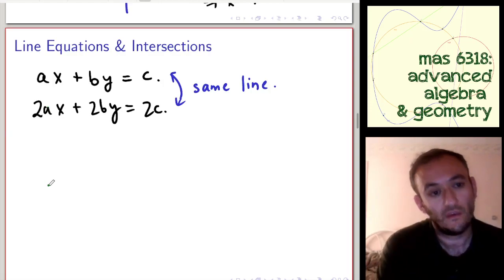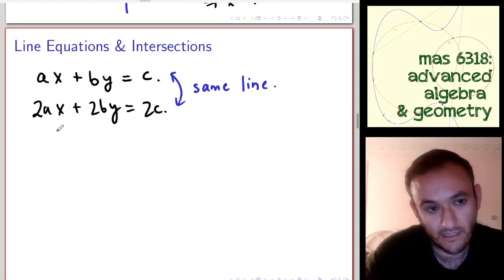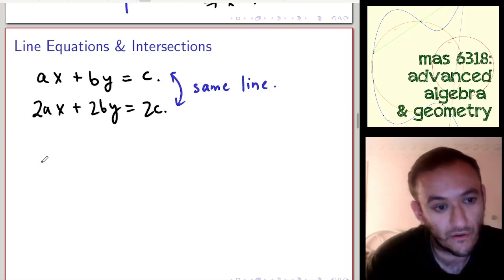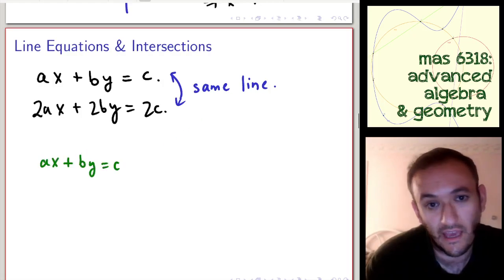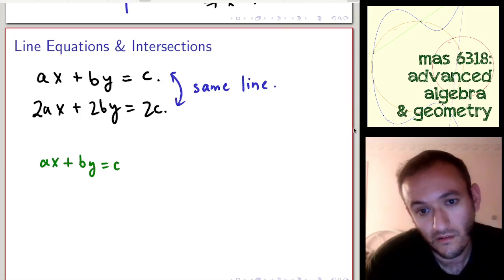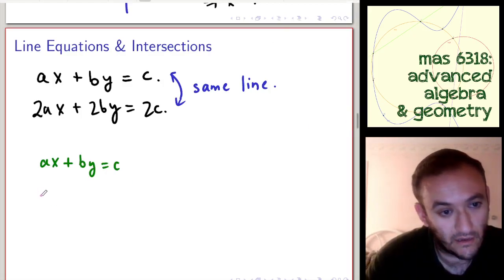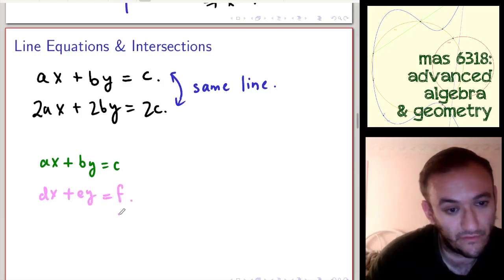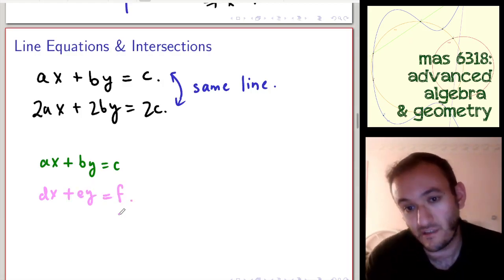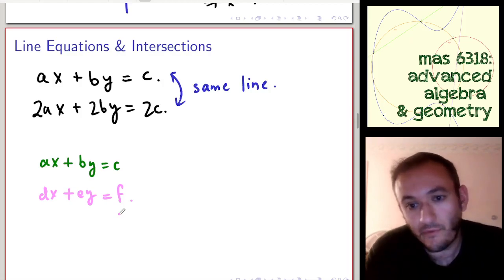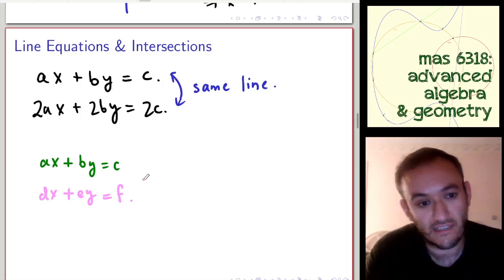Okay, so let's say I have two equations for two different lines. Okay, so ax plus by equals c and dx plus ey equals f. So how might I solve this? The same way you would solve any system of simultaneous equations.